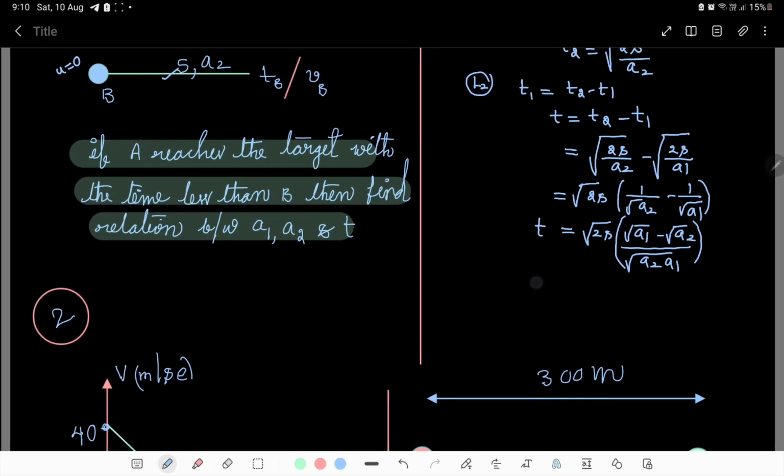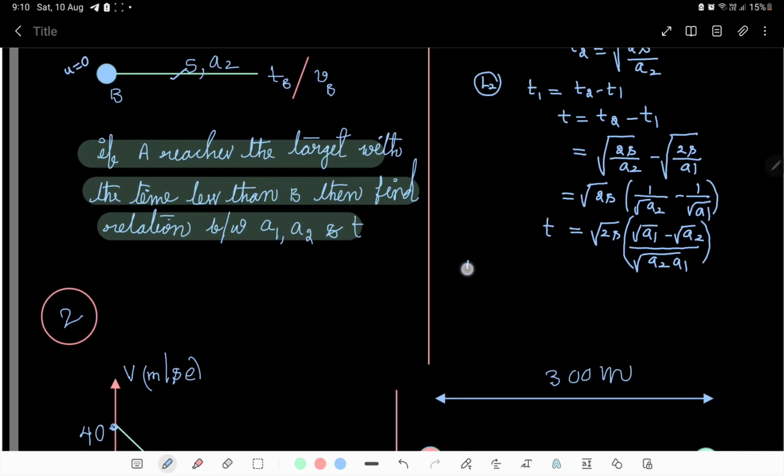If you find out the velocities, so this much distance they are moving, right? According to kinematic equation 3, we can write v is equal to under root of 2 a s. For car A, we can write under root of 2 a1 s. For car B, we can write under root of 2 a2 s.